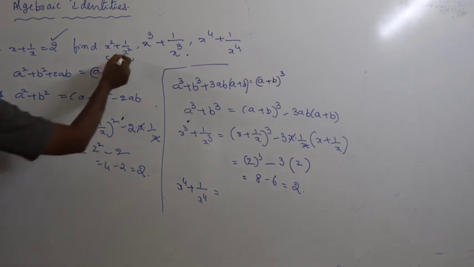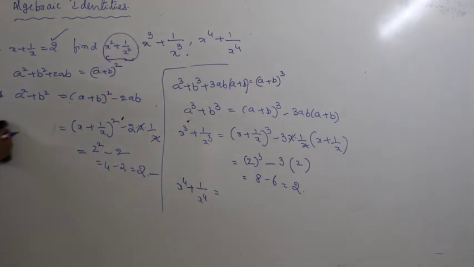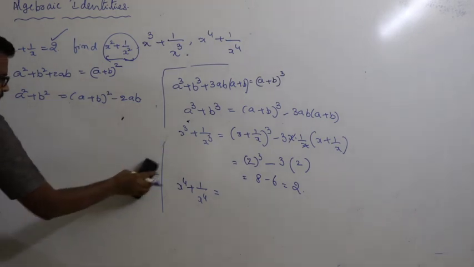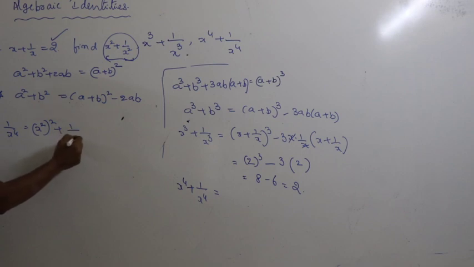By using the same formula, this is x square whole square plus 1 by x square whole square.